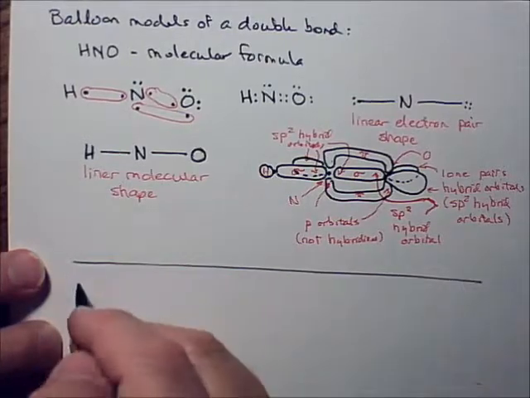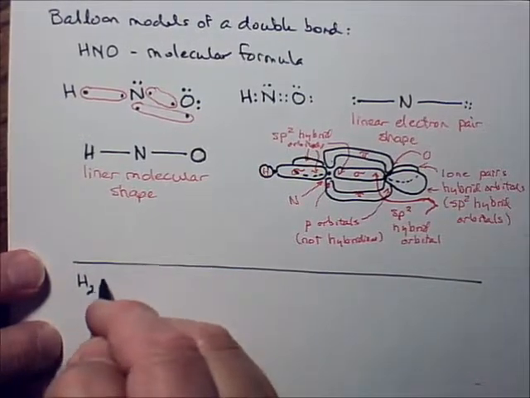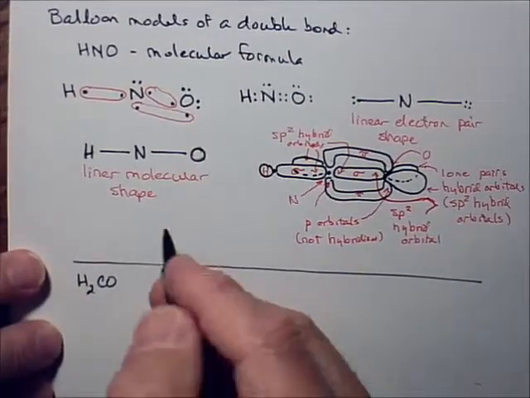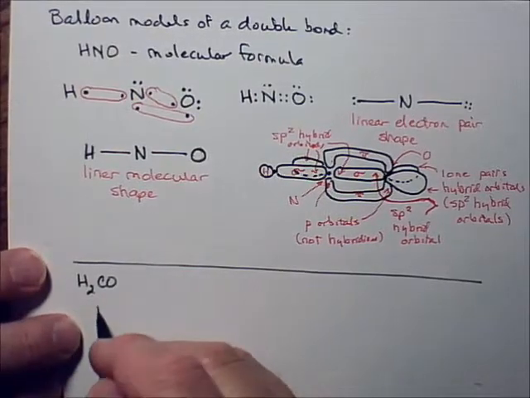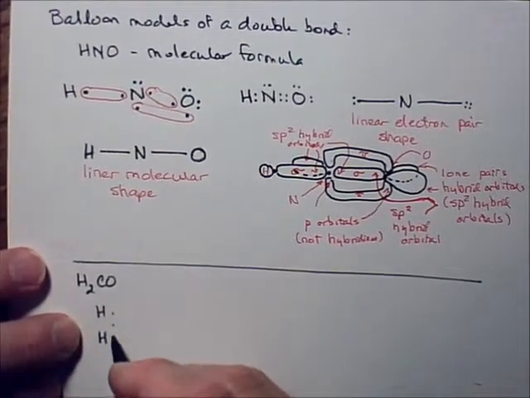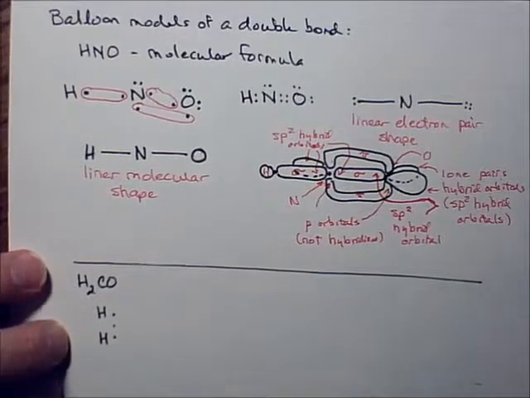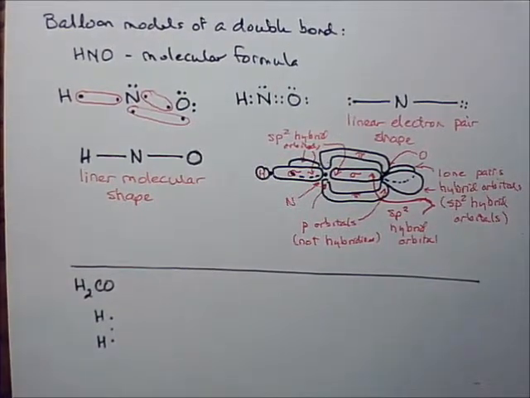We were working on H2CO yesterday, and we had two hydrogens here with a single dot. Carbon started out with 4 valence electrons. I showed you a moment ago how to figure out the number of valence electrons.